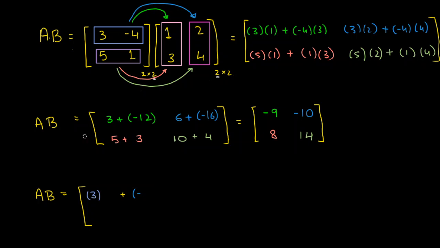Sorry, wrong color. 3, and I have a minus 4 along with it, and I'll write it on both sides of the first row. 3, leave some space, plus sign, and minus 4. So this is for the first row.